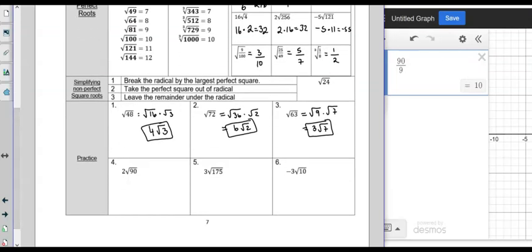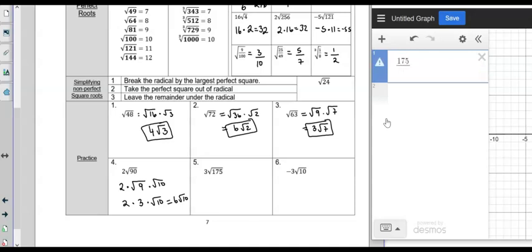So what I'm going to do here is bring down the 2 that is on the outside, and I'm going to rewrite square root of 90 as square root of 9 times square root of 10, because 9 times 10 is 90. I can simplify square root of 9 to say times 3, because square root of 9 is 3, and then square root of 10. And then we're going to clean this up by saying 2 times 3 is 6, square root of 10. A couple more examples here, guys.